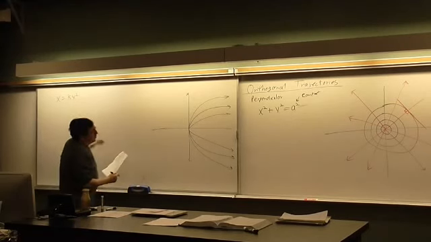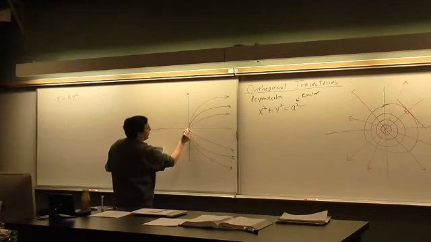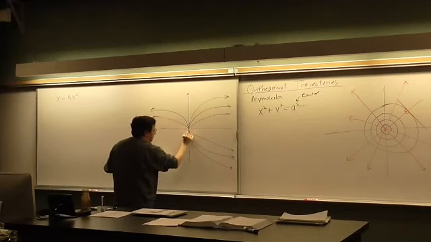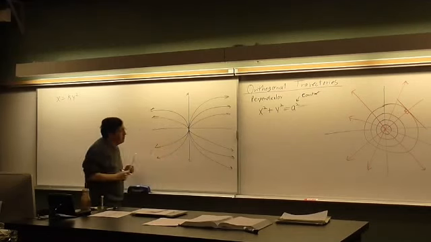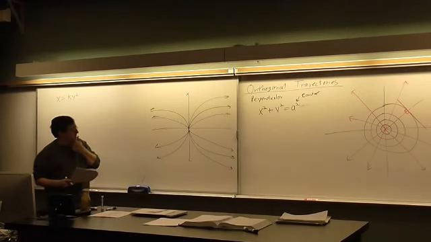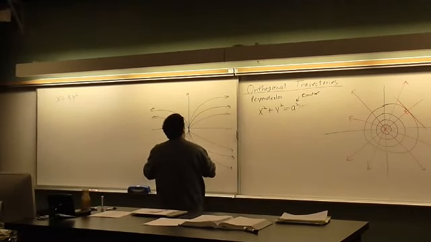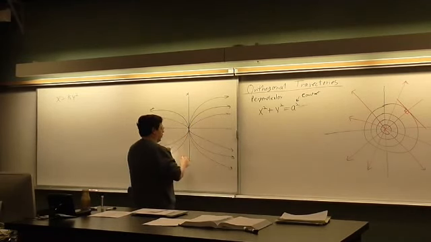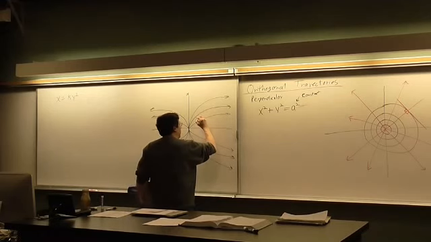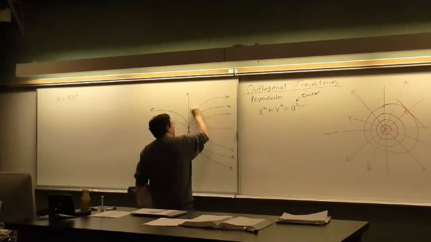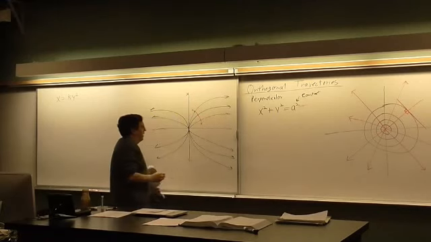But if k is negative, then these are just reflected over here. You might say to yourself, well, that looks like a daunting task. I want to find some kind of curve which, for every one of these parabolas, is perpendicular, right? And I want to find out what that is.